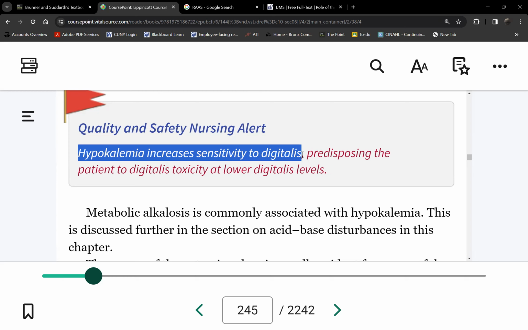Simply put, it cannot enter the cardiac cell unless there's enough potassium. So therefore, low potassium will do what to the drug levels in the blood? Toxic. It cannot enter the cell. It will remain in the bloodstream.